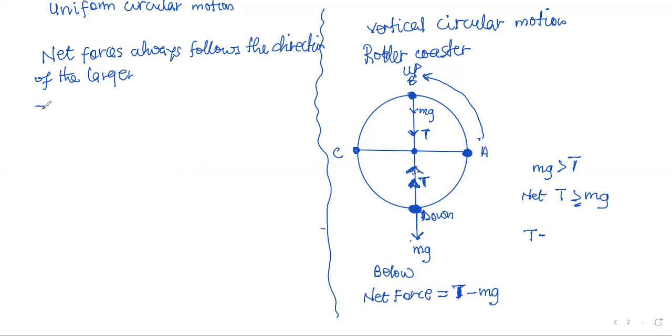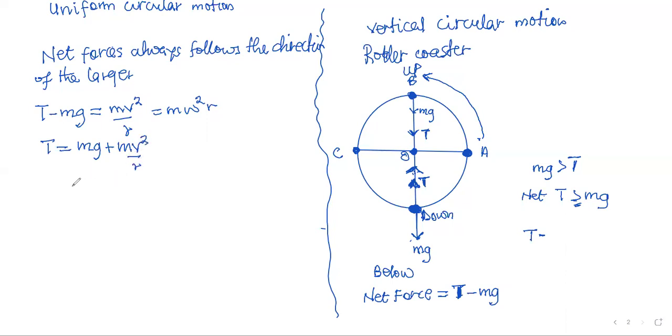So T minus mg must be equal to the net force, and since this is circular motion and the net force is directed towards the center of the circle, we equate the net force to the centripetal force, mv squared over r, or m omega squared times r. Okay, so we have T is equal to mg plus mv squared over r.